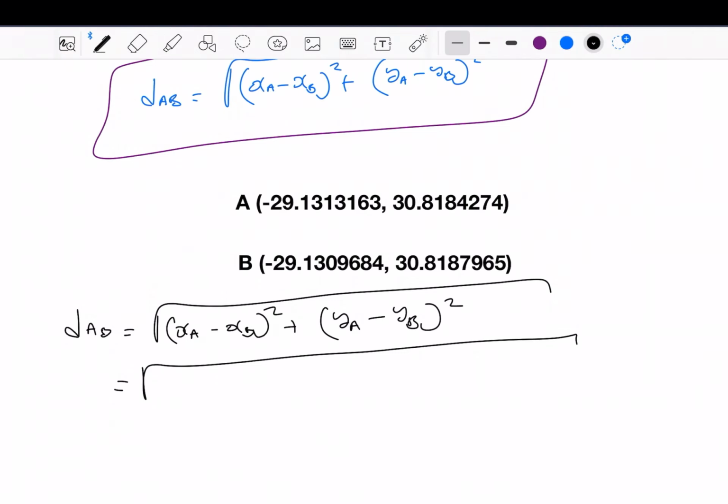So the x value of A is negative 29.113163, and the x value of B is negative 29.130964.